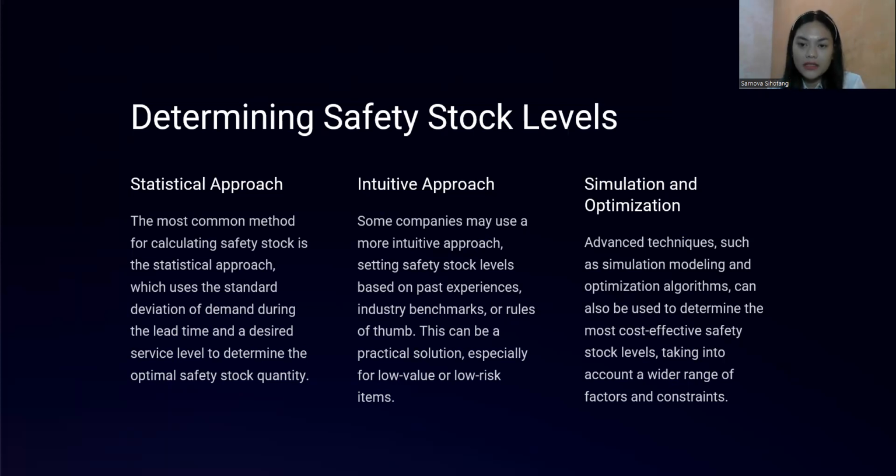Simulation and optimization. Advanced techniques such as simulation, modeling, and optimization algorithms can also be used to determine the most cost-effective safety stock level, taking into account a wider range of factors and considerations.